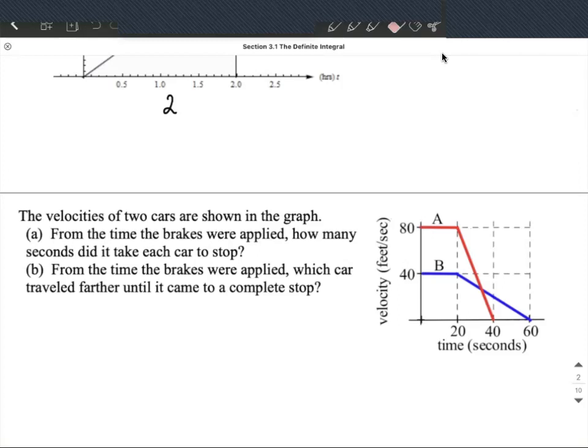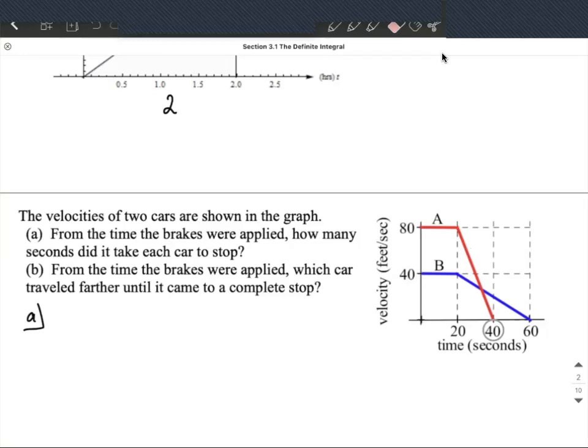First of all, on part A, we want to discuss, after they hit the brakes, how long until their velocity got down to 0. For A, we were at 80 feet per second, hit the brakes at 20 seconds, and we've stopped. Our velocity is down here at the x-axis at 0 at 40 seconds.